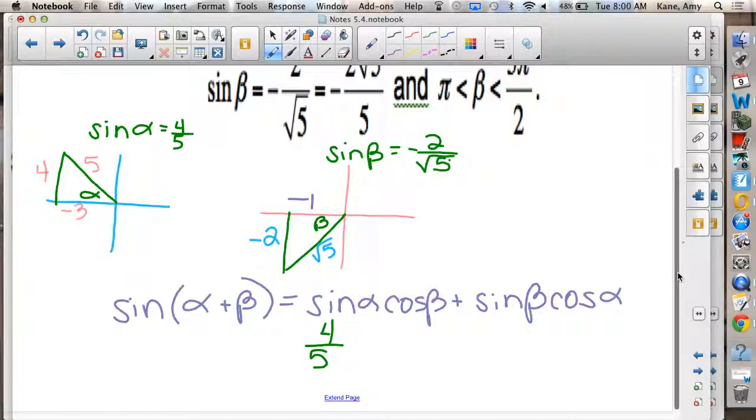The cosine of angle B, we don't know, but we have a picture now that we can use to help us find that value. Make sure you're using the right triangle. So angle B would be the second triangle that we drew here. The cosine would be a negative 1 over the square root of 5.